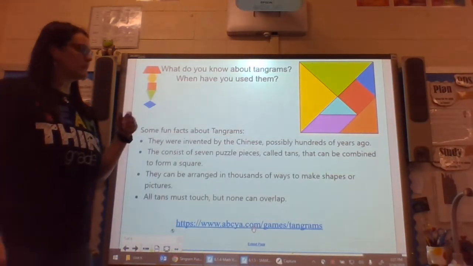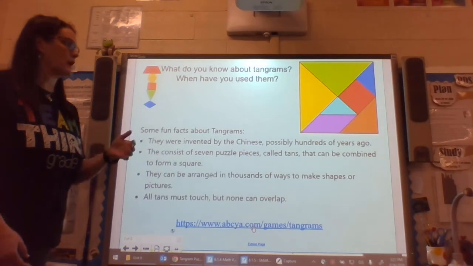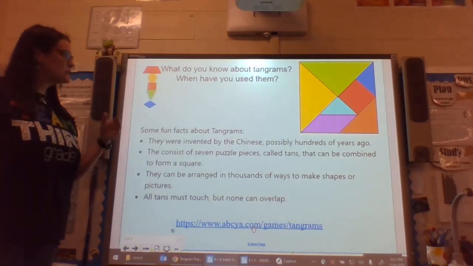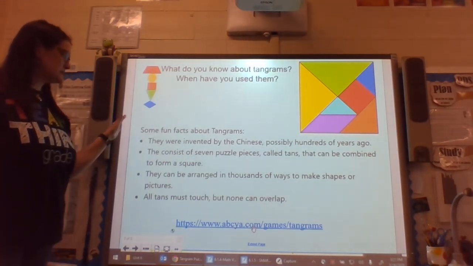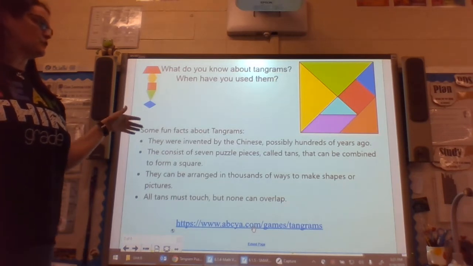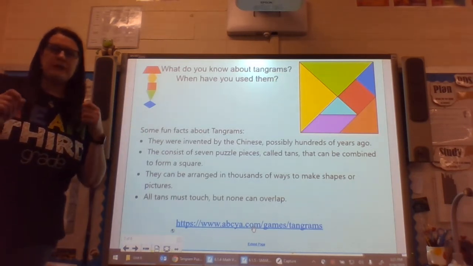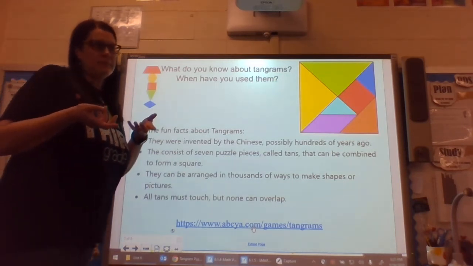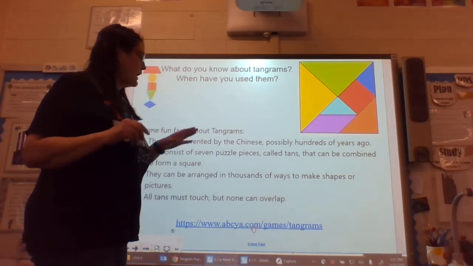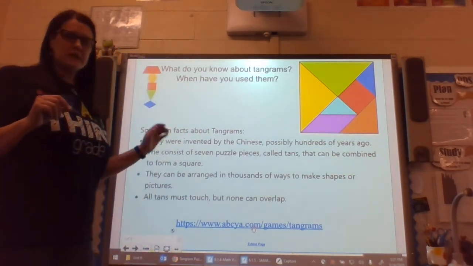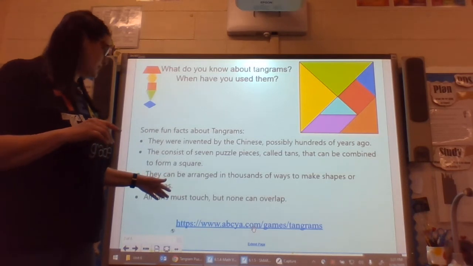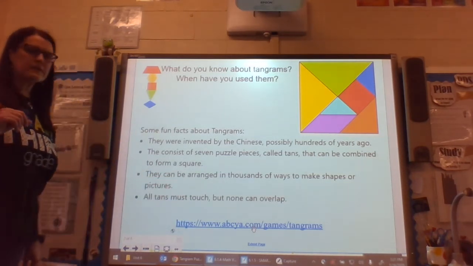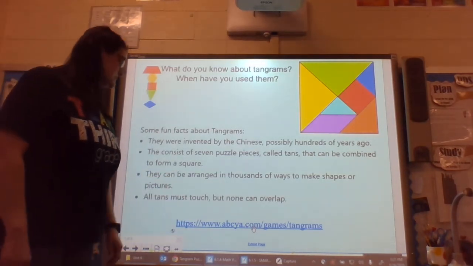Okay, so the next thing that we're going to talk about is tangrams. Here are some fun facts about tangrams. We would normally be having you make a tangram, but since we can't do that, we're just going to talk a little bit about it and show you a fun activity that you can do with them. They were invented by the Chinese possibly hundreds of years ago.